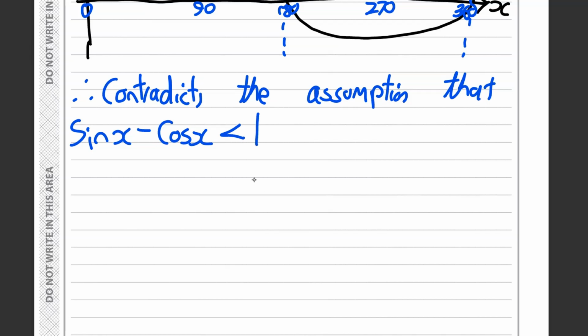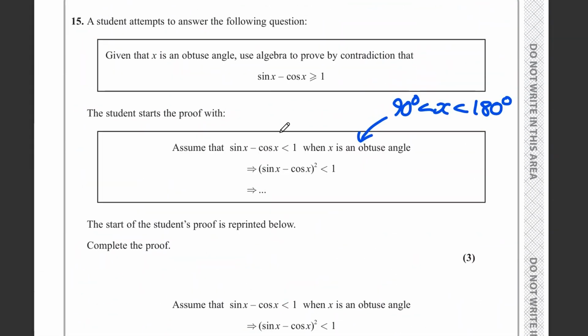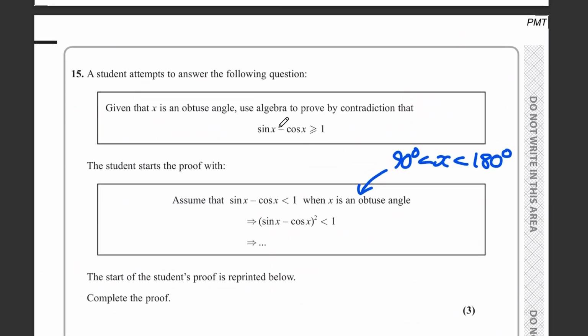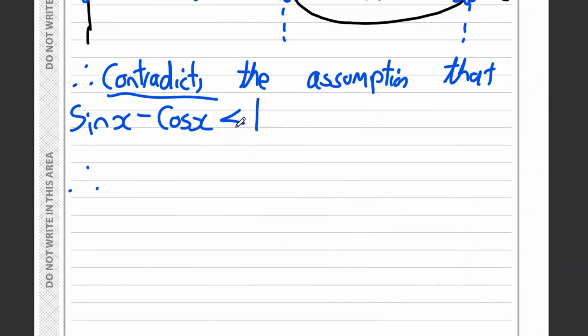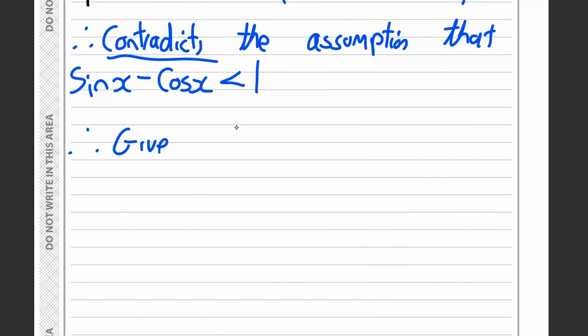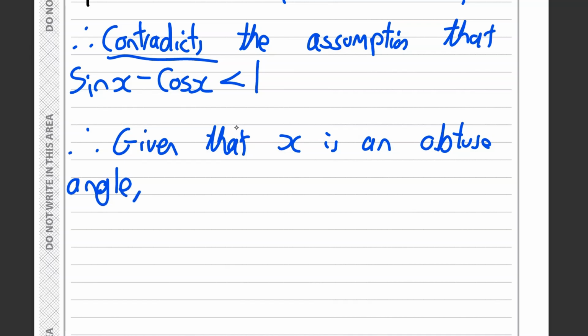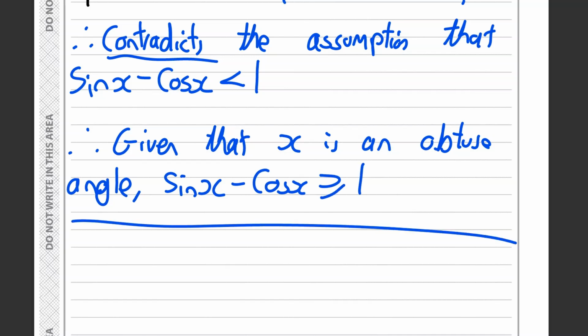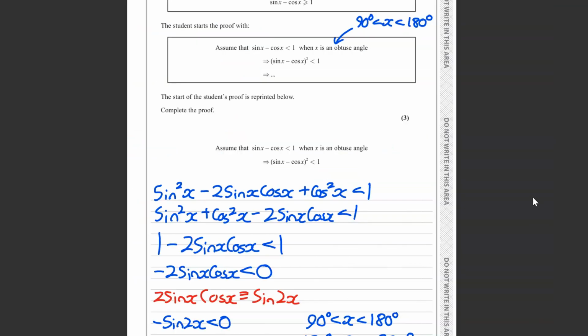So therefore, as we have a contradiction, we can say that this original statement up here is true. So therefore we can say that given that x is an obtuse angle, we can say that sin x minus cos x is bigger than or equal to 1, and this here is the proof. This is worth 3 marks.